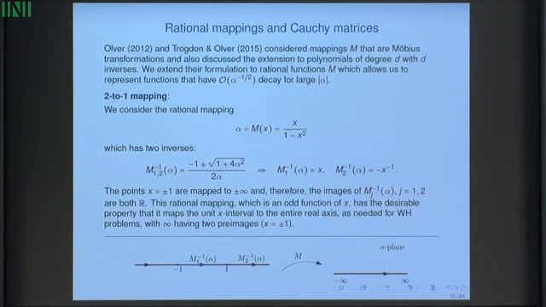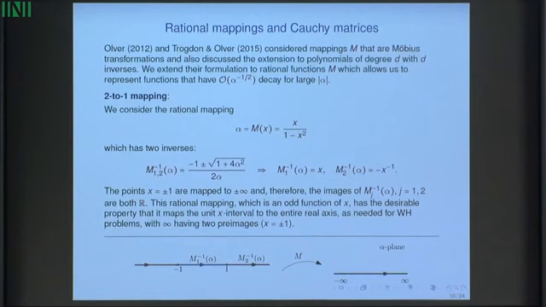Let's initially consider this 2-to-1 mapping, a mapping from the unit interval, minus 1 to 1, to the real axis. This mapping has two inverses, which are given by these two expressions here. The unit interval is mapped to the real axis, but also the minus 1 over x function, outside of the unit interval, is also mapped to the entire real axis. Which means that we need to construct Cauchy matrices for both inverses.